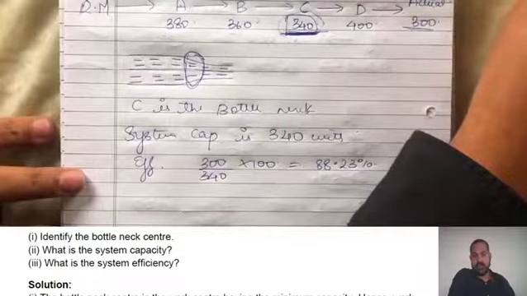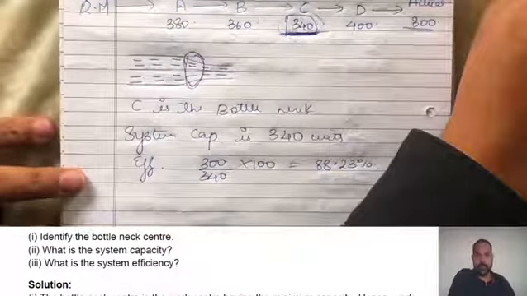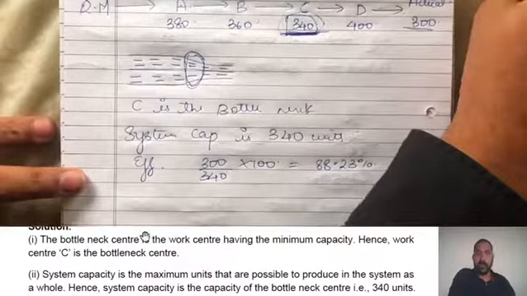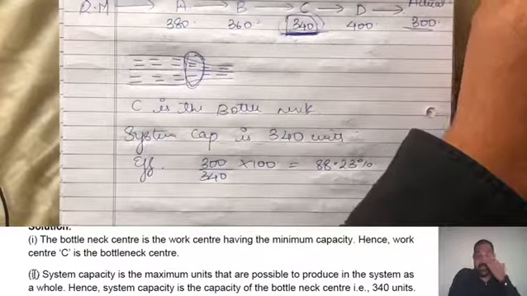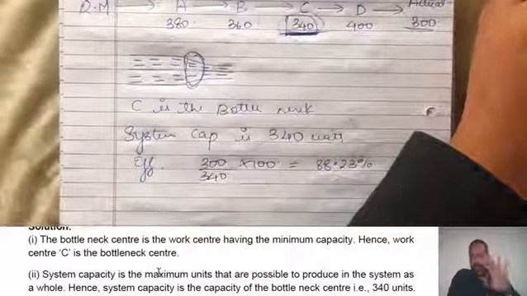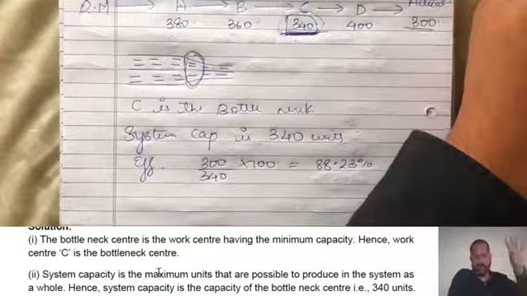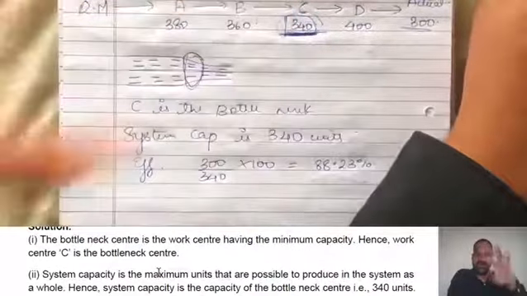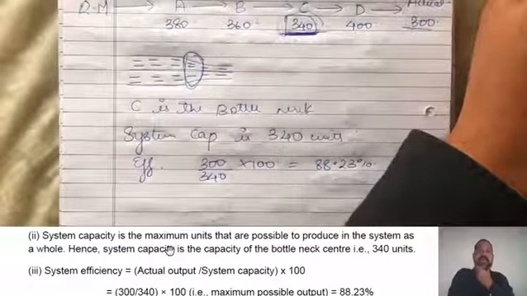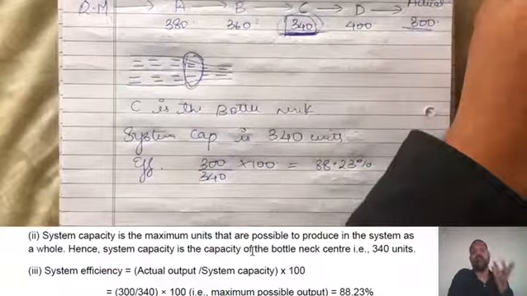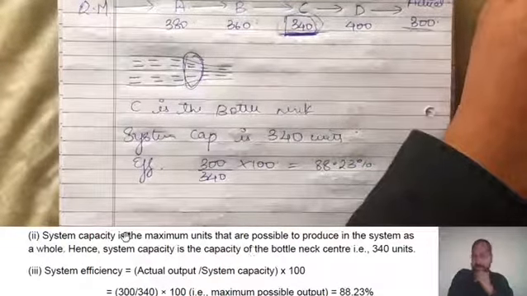Let's quickly look at the solution one at a time. Number one, the bottleneck center is the work center having minimum capacity, hence work center C is the bottleneck center. Write down, the presentation is whatever they say. I am here explaining things to you. Number two, system capacity is the maximum units that are possible to be produced in the system as a whole.